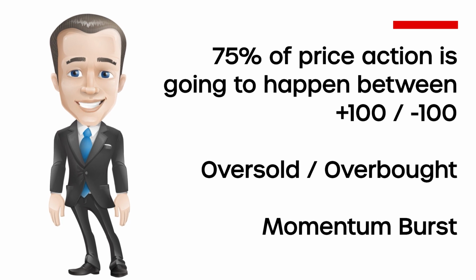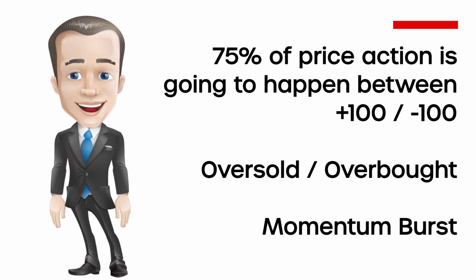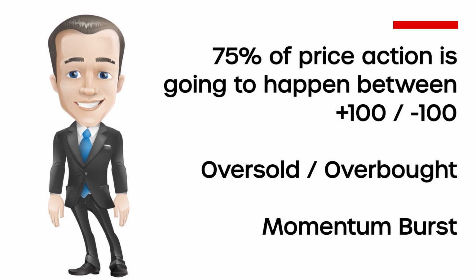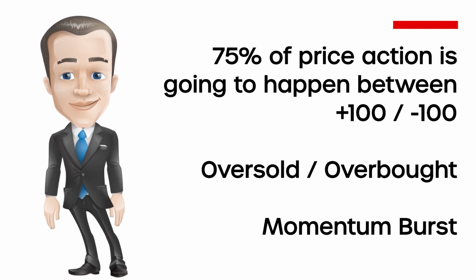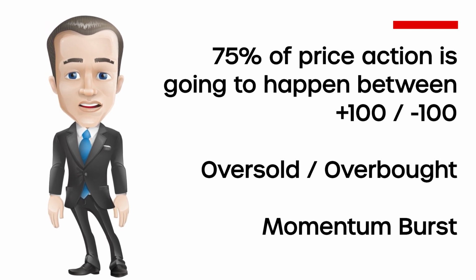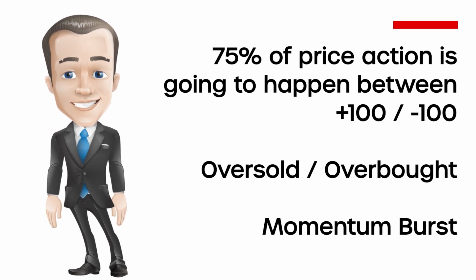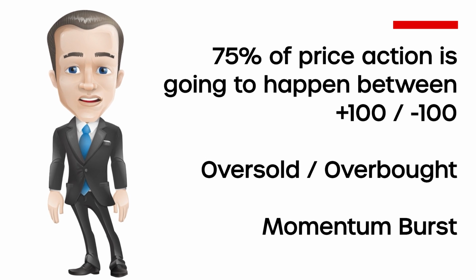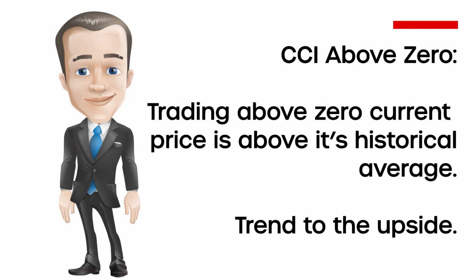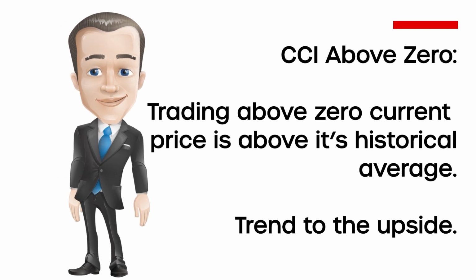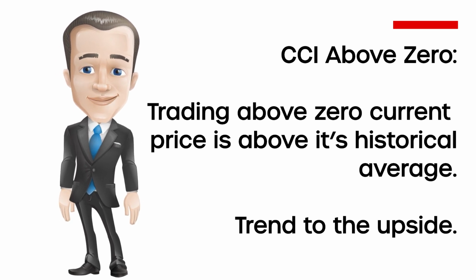And that is the denominator of the calculation, 0.015, to ensure that approximately 75% of price action occurs between those levels. Once we exceed one of those levels, we are entering maybe an overbought or oversold signal and looking for a momentum burst.